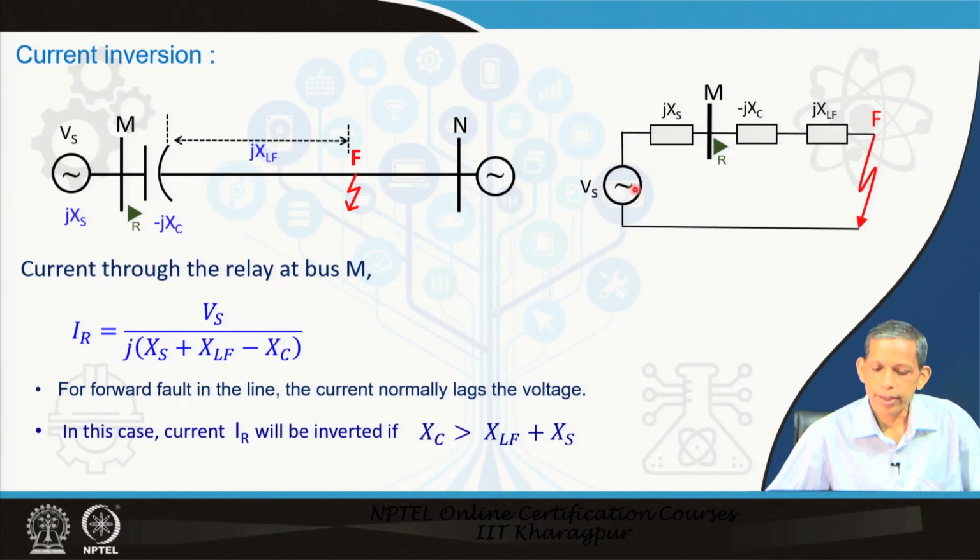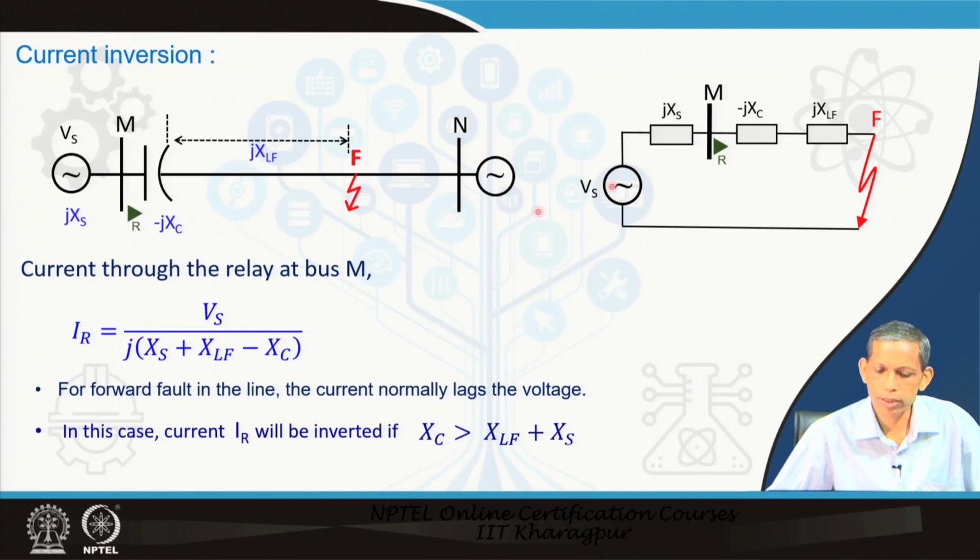The equivalent circuit diagram for this system up to the fault point, let us say for a 3 phase fault, becomes this. So, we have Vs and the corresponding jXs of the source and the bus, minus jXC and jXLF. So, this path now has an equivalent reactance of jXs minus jXC plus jXLF. We have neglected resistance for simplicity.